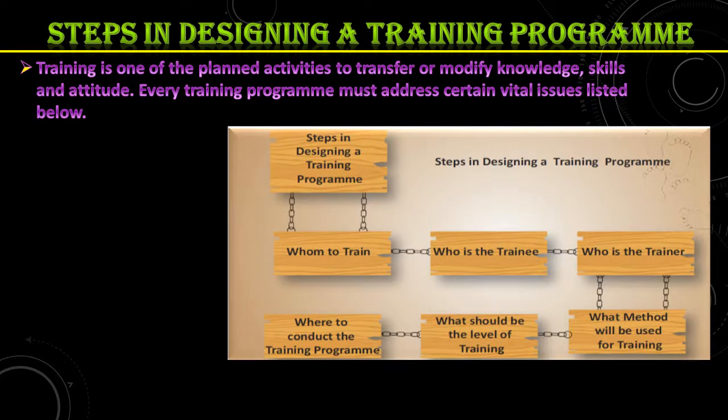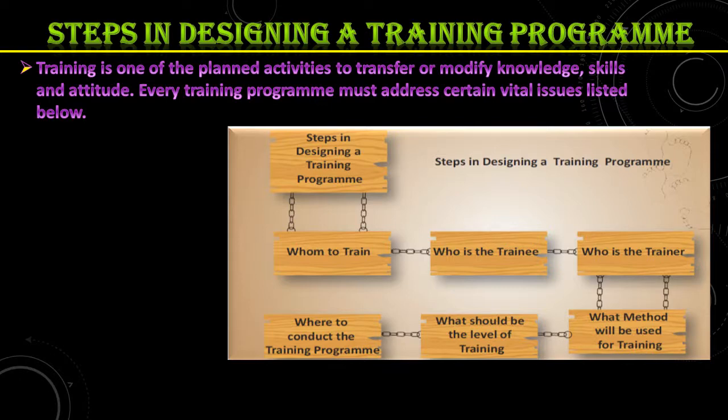Look at the chart given, they have given the various steps. Whom to train, who is the trainee, who are the trainers, what method will be used for training, what should be the level of training, where to conduct the training program.